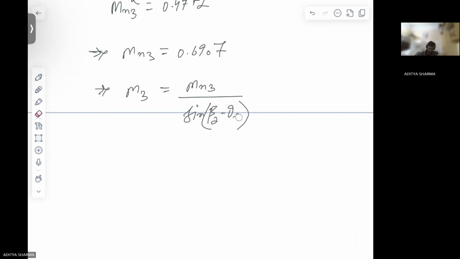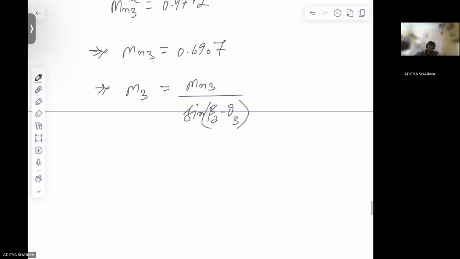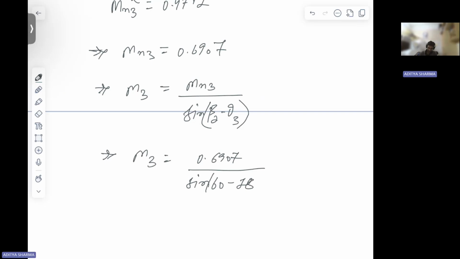So this implies M3 is equal to Mn3, which is 0.6907, divided by sine of 60 minus 18, I believe.